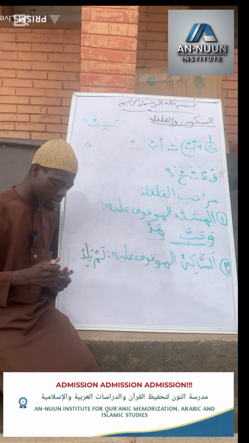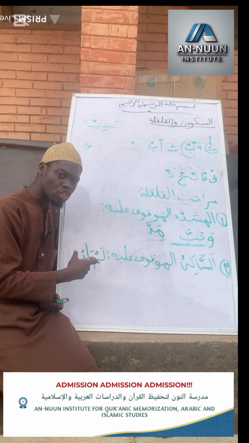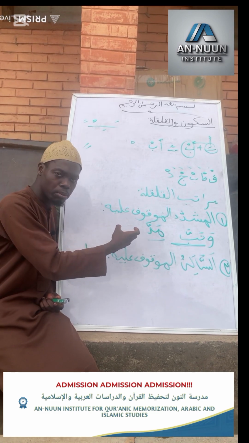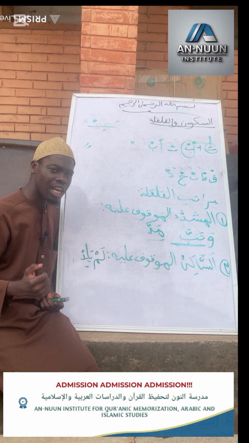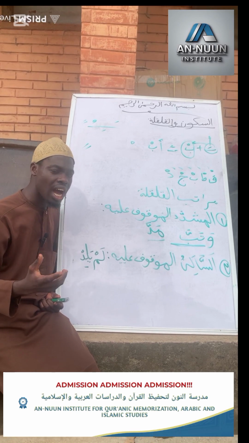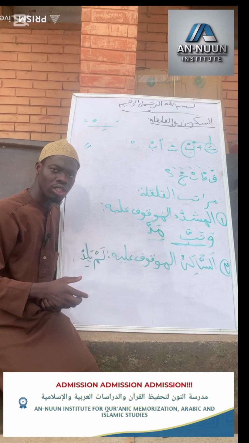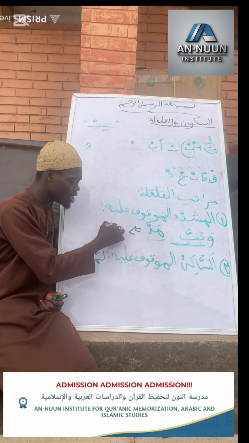Look at it, lam yalid. It will not be as strong, it is in second position. People usually ask, when we are talking about Qalqalah, we are talking about sukun, but this is shadda and sukun. Yes, it is shadda and sukun because this is how it is.